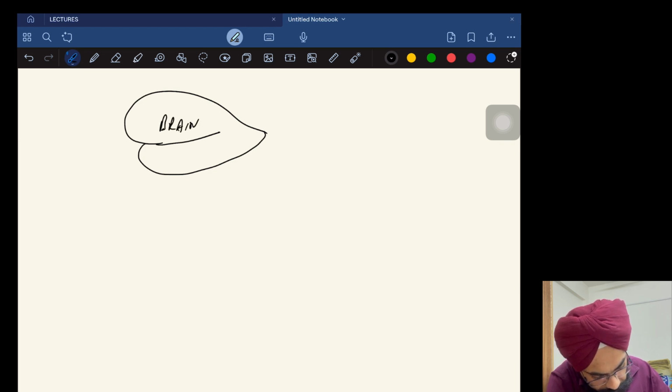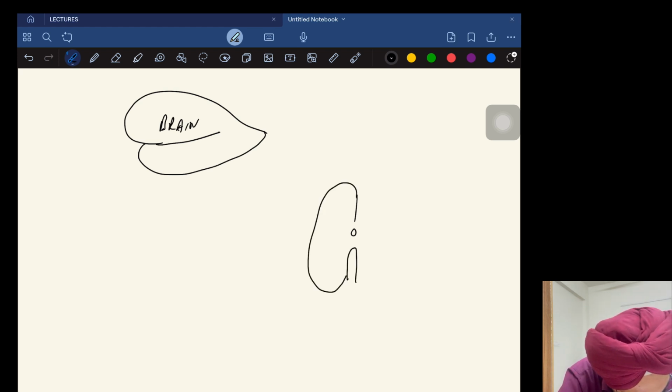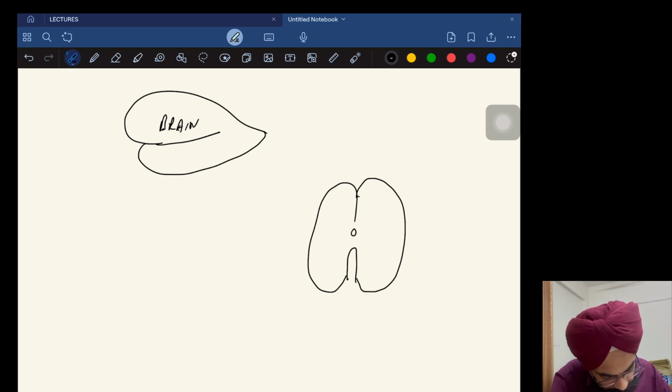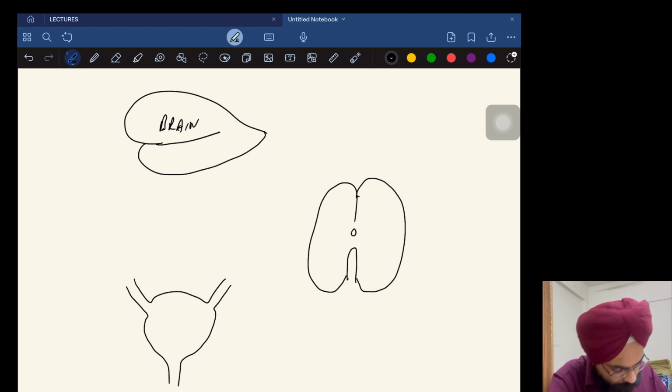Let us understand this in detail. We have the brain. Now the spinal cord, and over here you have your bladder.